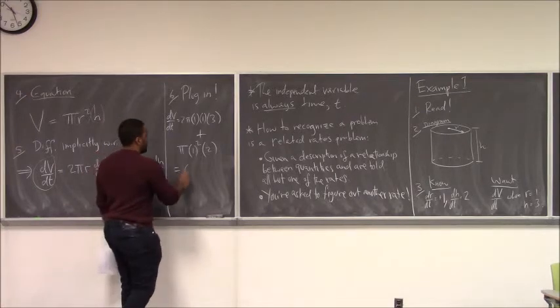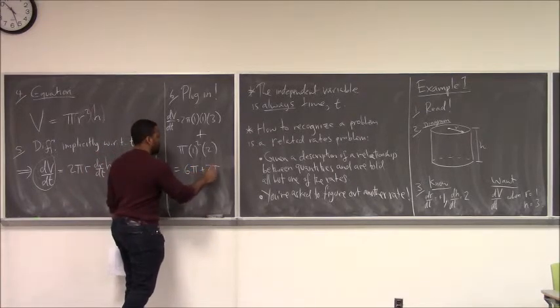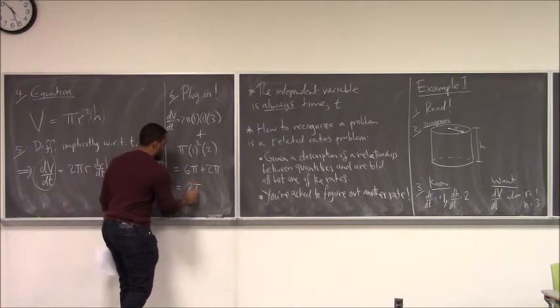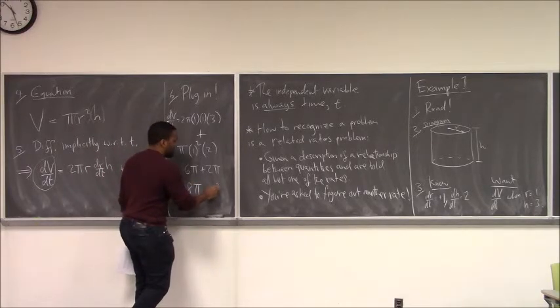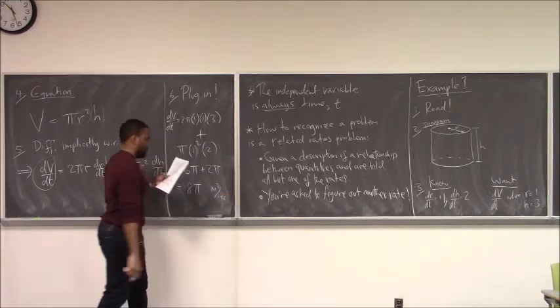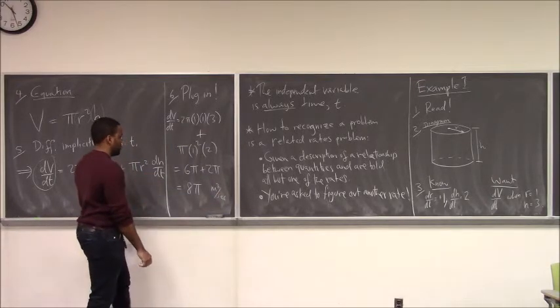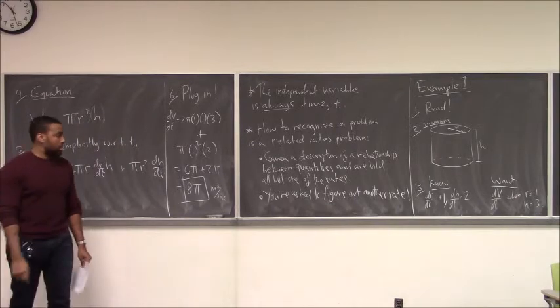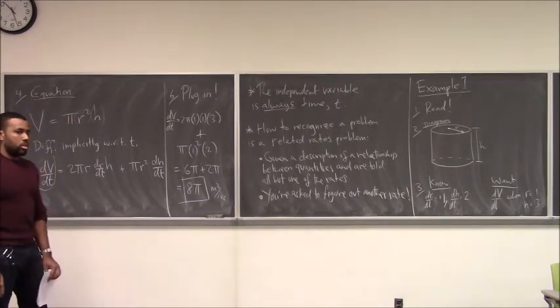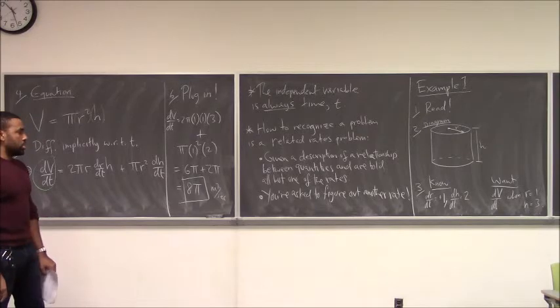So I end up with 6 pi plus 2 pi. So the rate of change of the volume is 8 pi, and this would be meters cubed per second. Okay, but 8 pi. Don't necessarily care about the units, it's not a physics class. But that would be your answer. The volume will be increasing by 8 pi.